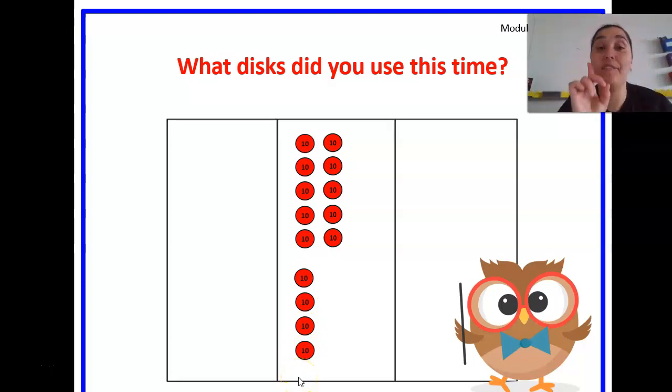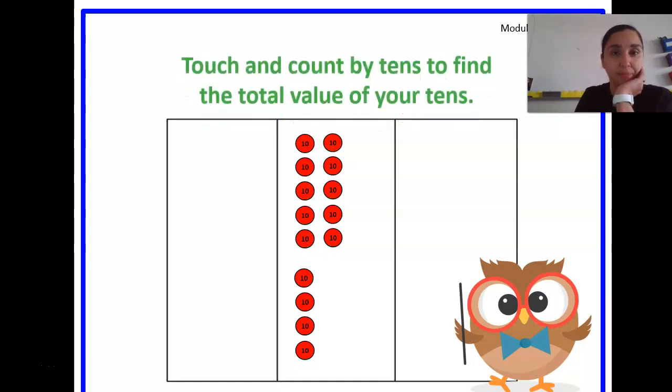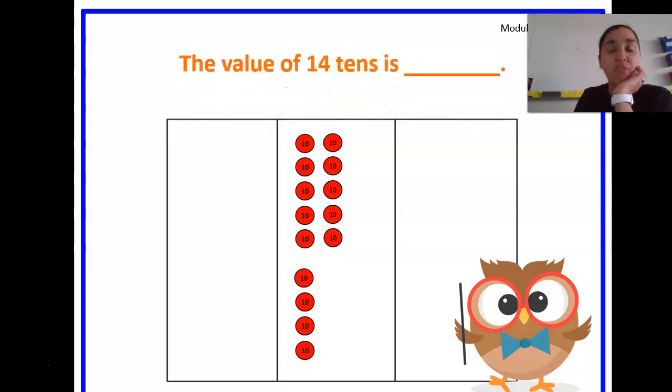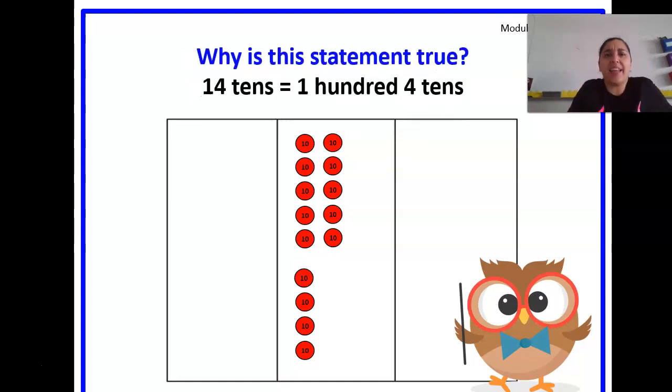What is the value of 14 tens? And I want the answer in a full sentence. The value of 14 tens is, get ready? Yes, 140. Kiss your brain. Brilliant answers, boys and girls. Now, why is this statement true, boys and girls? I want you to tell me.